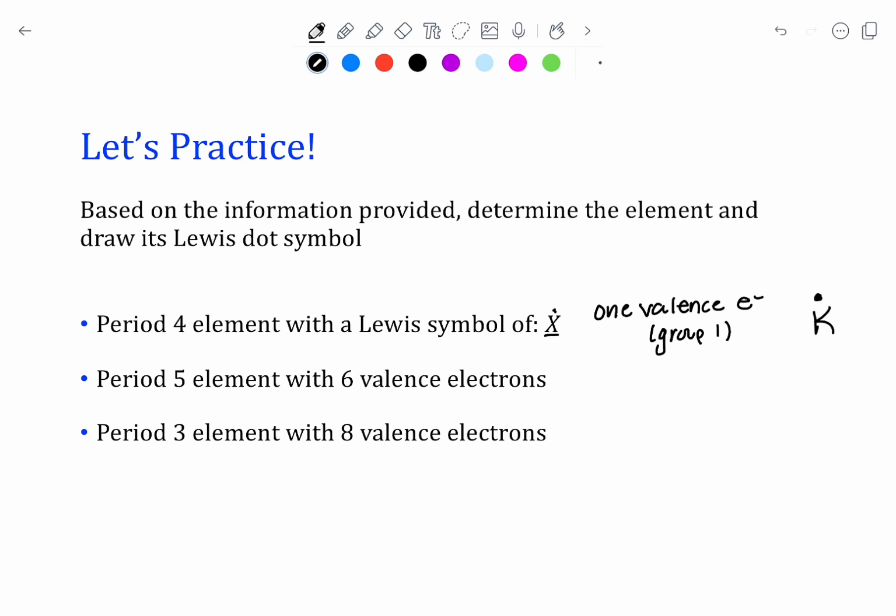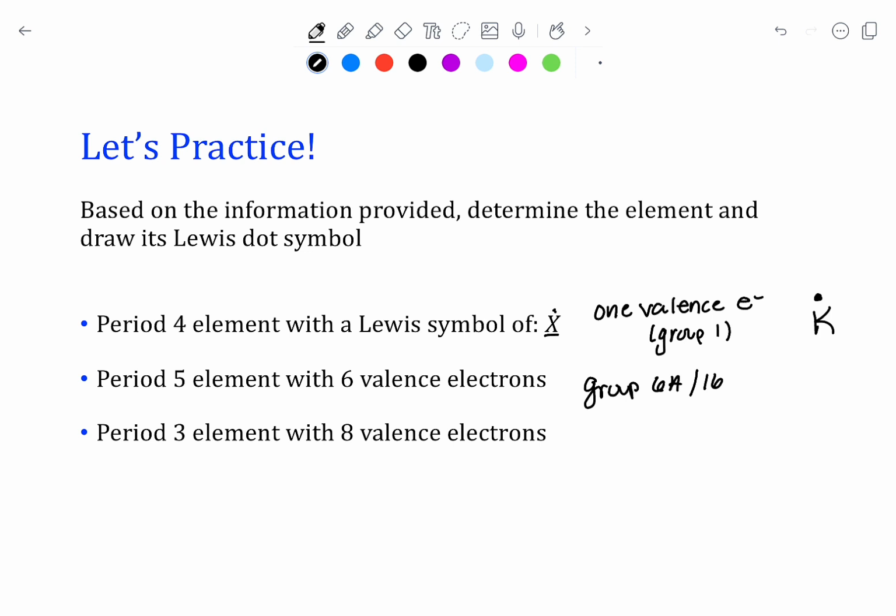If our element in our second example has 6 valence electrons, we know that it is in group 6A, also known as group 16. So we know our group is 16, or 6A, and then we're looking to period number 5, so we're looking for the 5th period down.